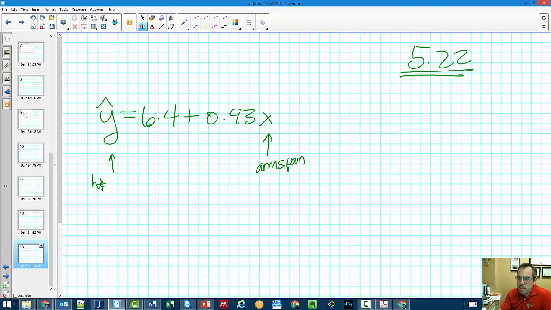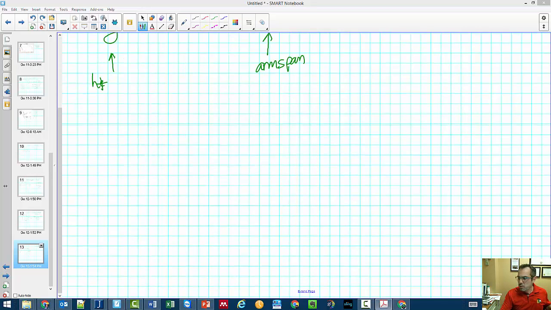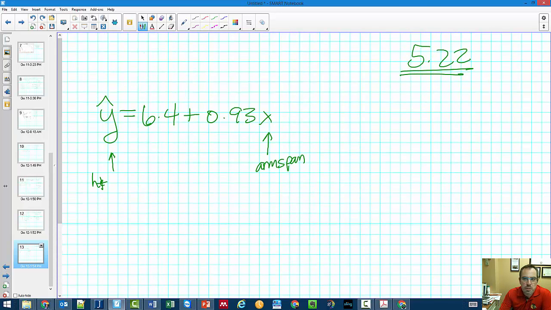Then it goes on to ask in this question, for 22, according to this, with measurements in centimeters, how much on average does height increase from each additional centimeter of arm span?